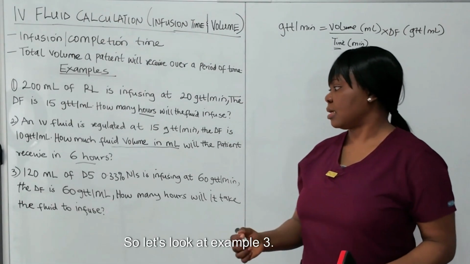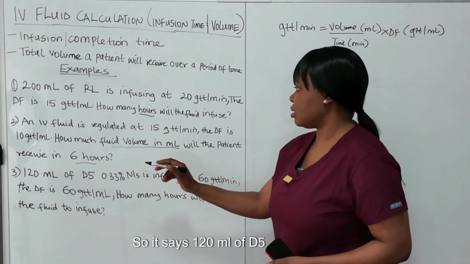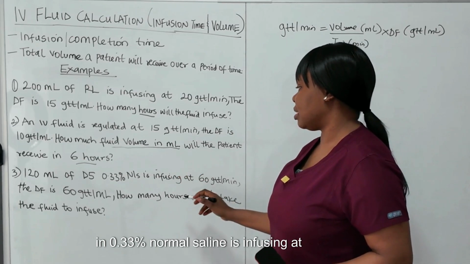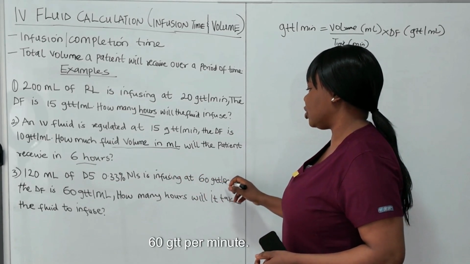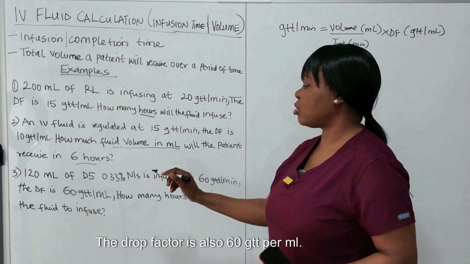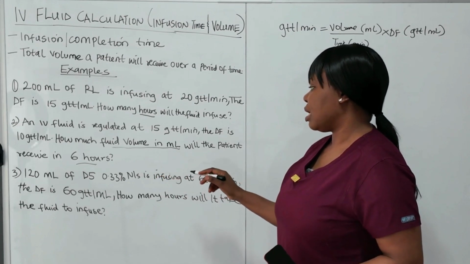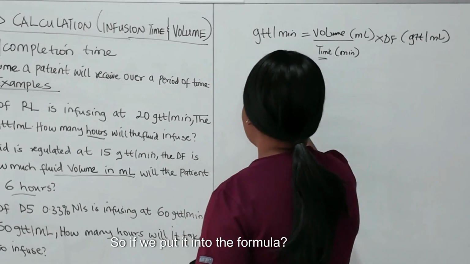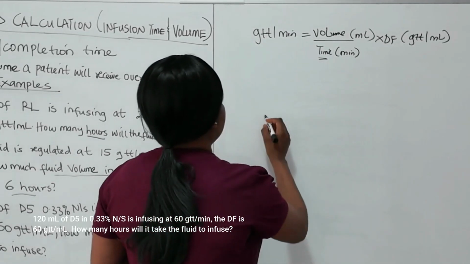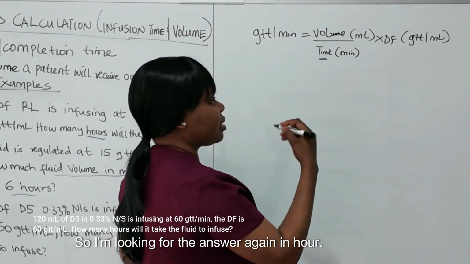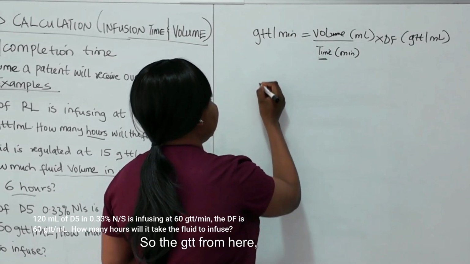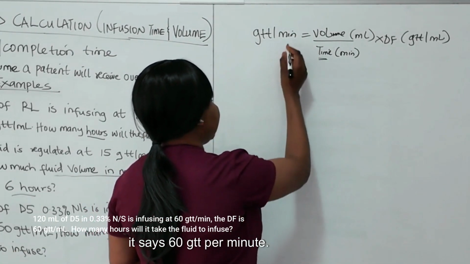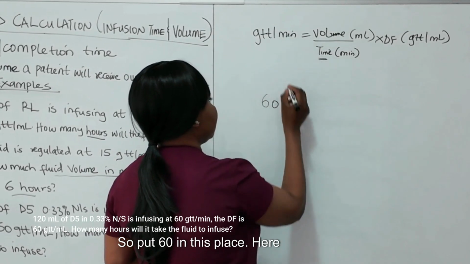Let's look at example 3. It says 120 ml of D5 in 0.33% normal saline is infusing at 60 gtt per minute. The drop factor is also 60 gtt per ml. How many hours will it take the fluid to infuse? Putting it into the formula, we're looking for the answer in hours. The flow rate says 60 gtt per minute, so we put 60 here.